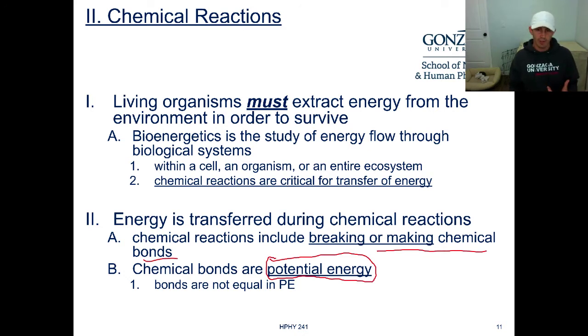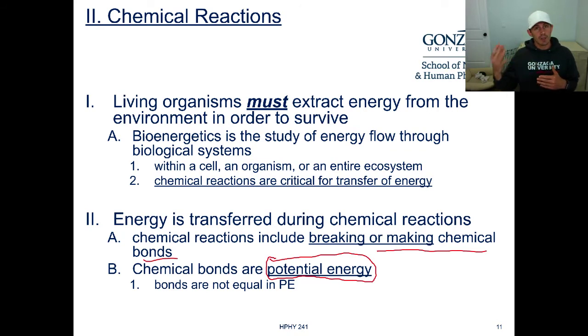The other thing I want to say is that hopefully you've learned in some chemistry classes previous to this that there are different types of bonds. There's phosphodiester bonds, there's carboxyl bonds, so there are different bonds present depending on which molecules are being bonded together. What I'm just trying to emphasize here is that not all bonds are created equal in the sense of the potential energy that they store.